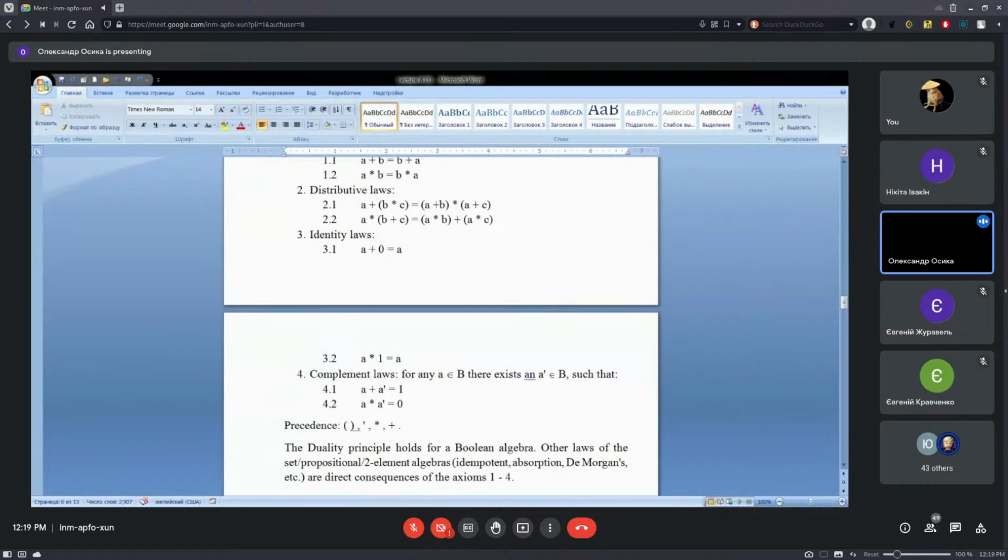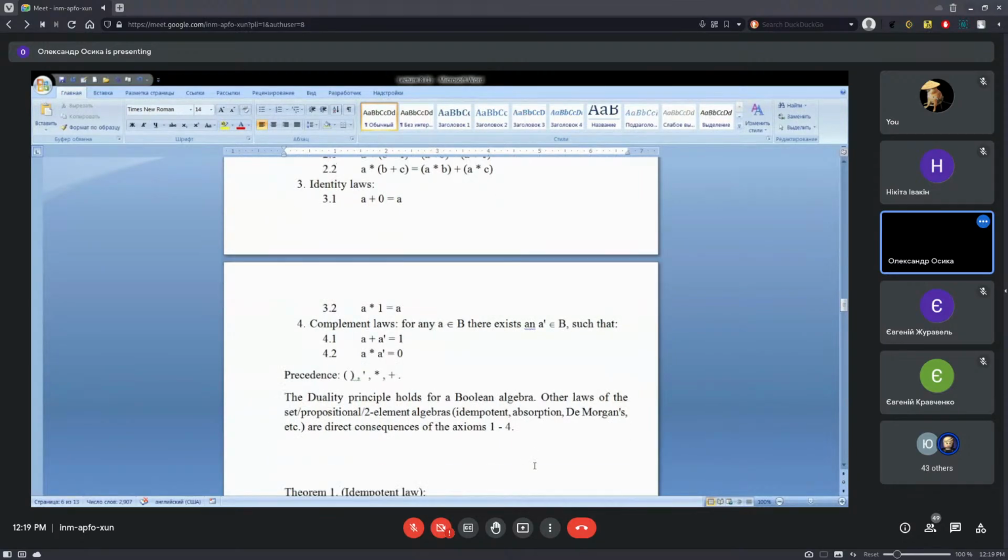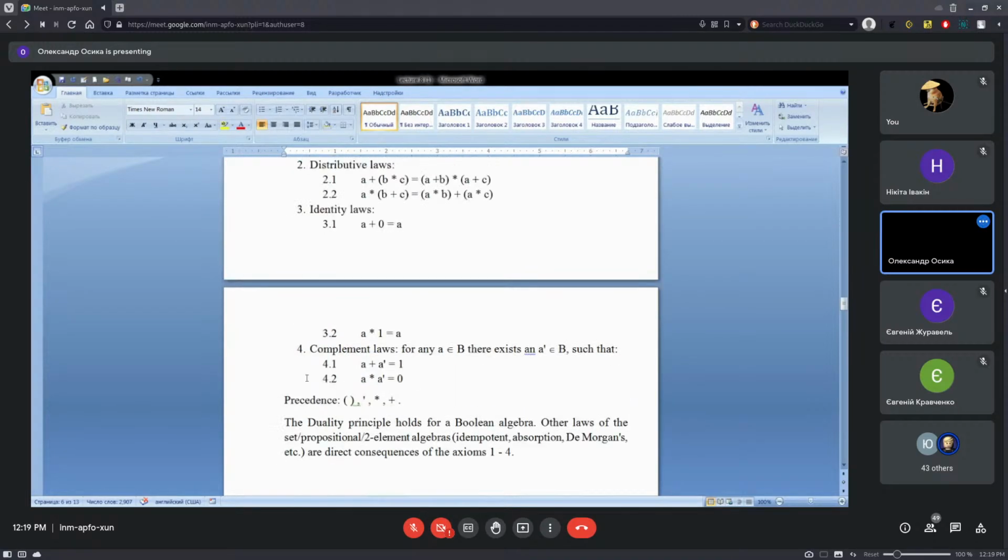Others can be deduced, proved. And what kind of laws? Idempotent, absorption, De Morgan's, etc. are direct consequences of axioms 1 to 4.